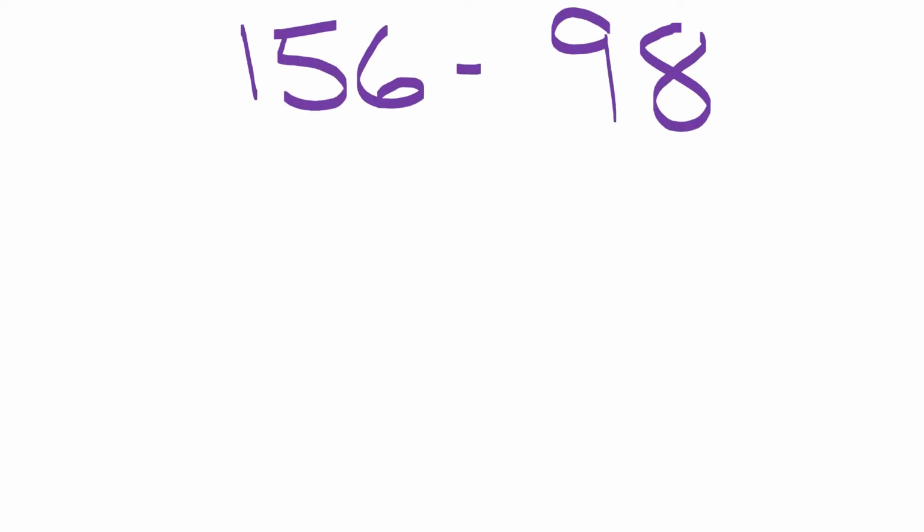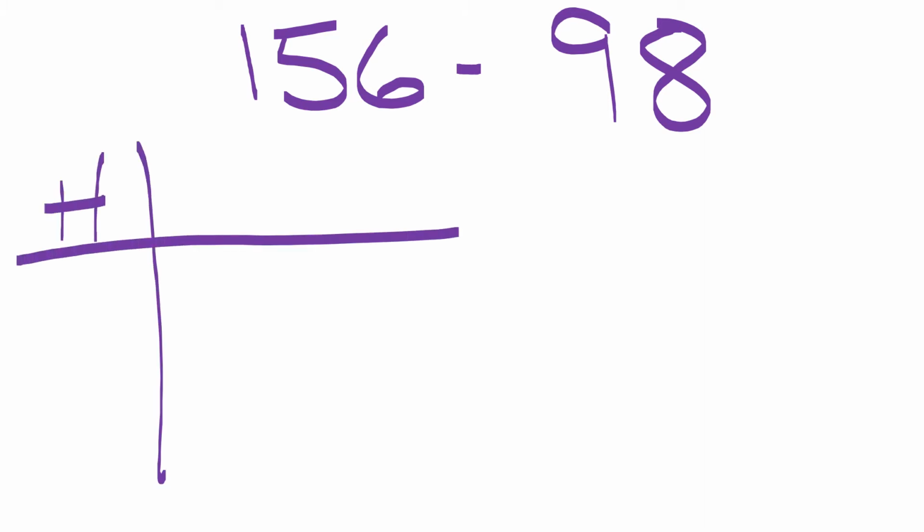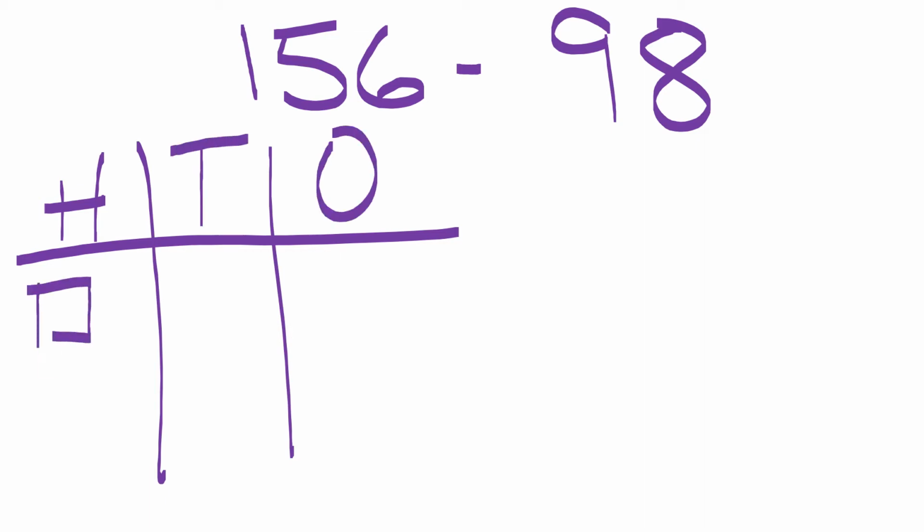Our next problem that we're going to go ahead and work on is going to be the same numbers, except this time I'm going to be subtracting them. I'm going to show you side by side the HTO method and then the regular algorithm. First I'm going to start off with my HTO, and this is what we went over this morning in our morning lesson.